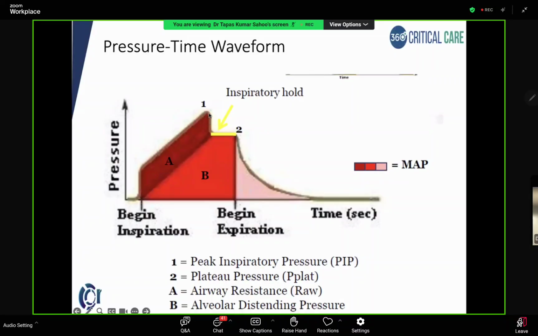Clear? So if the A part is rising, you will label that the resistance part is affecting. But if it is the B part, you will say there is a compliance problem. Alveoli are over distended, so you need to reduce the PEEP so that we are not over distending the alveoli. Clear?